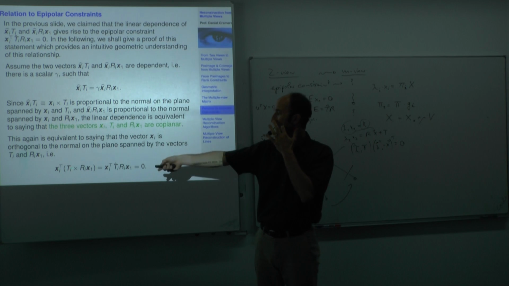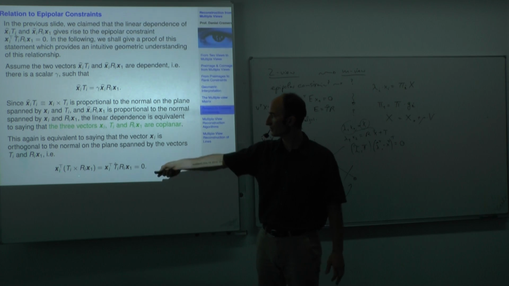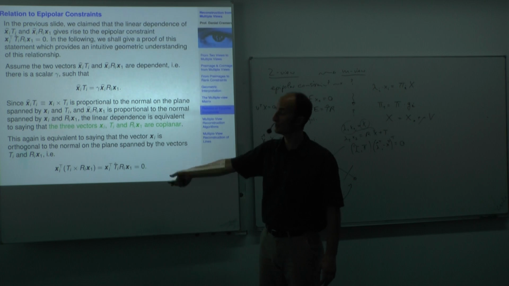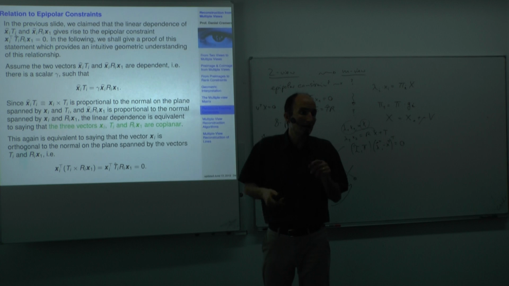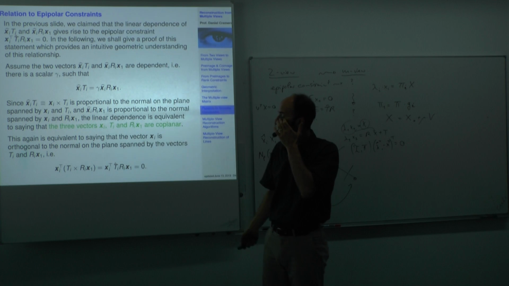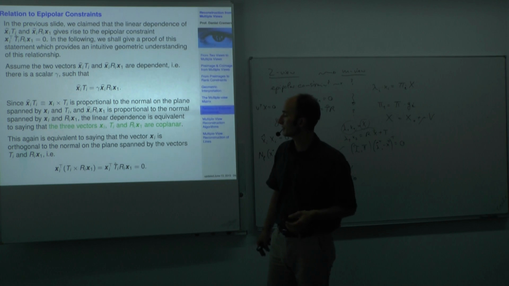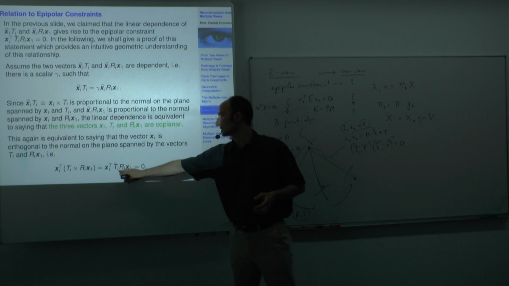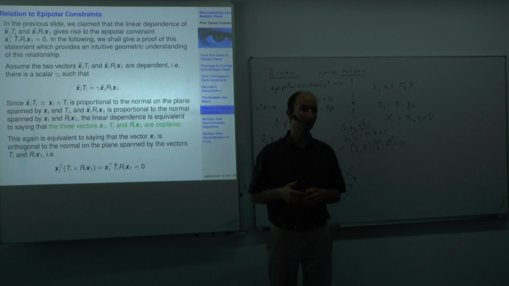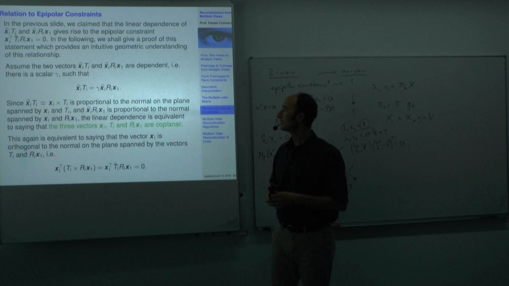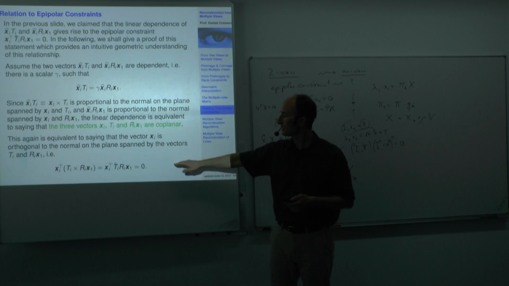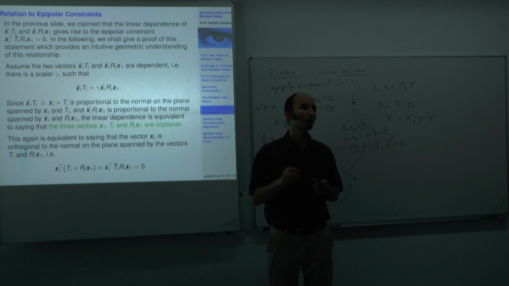That if I take the three vectors and do this triple product, we had it before, then it's 0, meaning the volume spanned by these three vectors is 0. And if you go back to the epipolar constraint, this is actually nothing but this epipolar constraint. So it's a bit strange, but not surprising, that the epipolar constraint is contained in the multiview constraint.